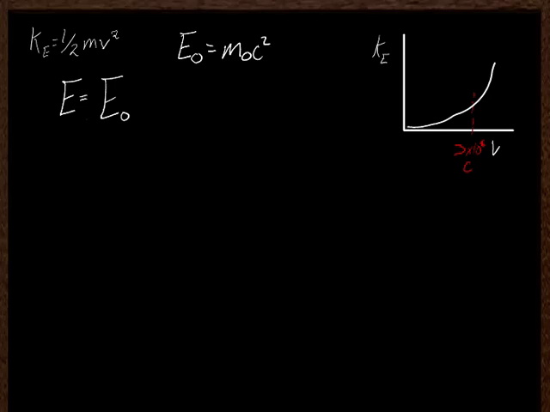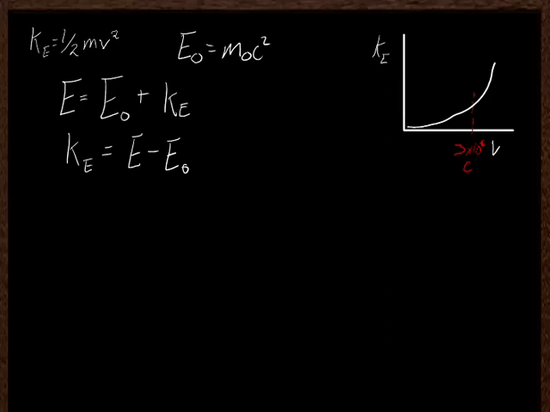So the total energy of a particle is its rest mass energy plus the kinetic energy that the particle has. We can rearrange that to make it equal to kinetic energy, and that is the total energy of the particle minus the rest mass energy of the particle.